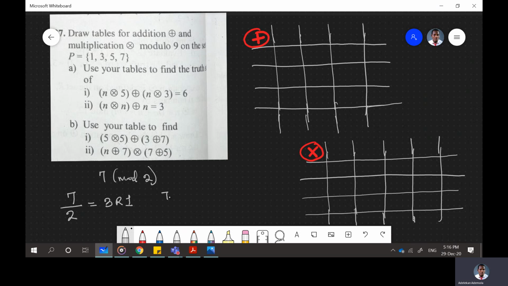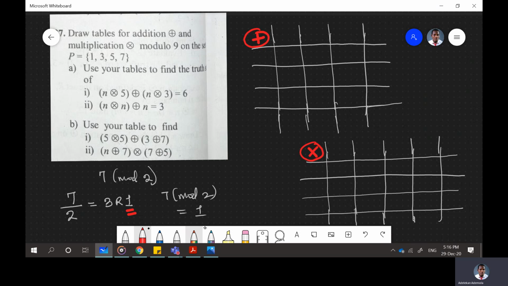So the answer to the question, what is 7 in modulo 2, is just 1. Like I said earlier, all we care about under modulus is just the remainder. When we treat the topic, I will explain why the remainder is what we are really after. But for now, I'm just trying to explain how to solve the holiday assignment.